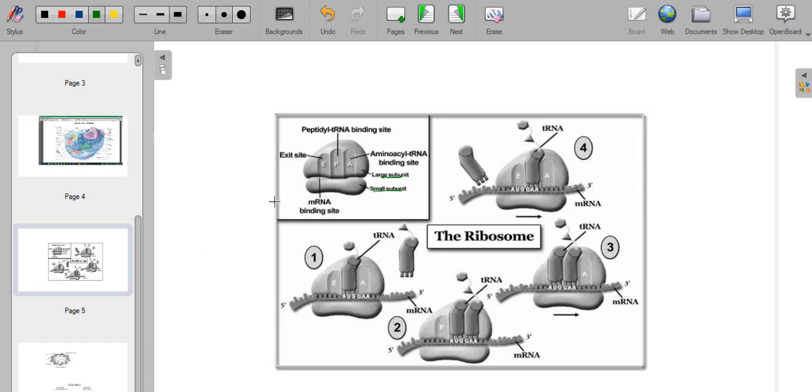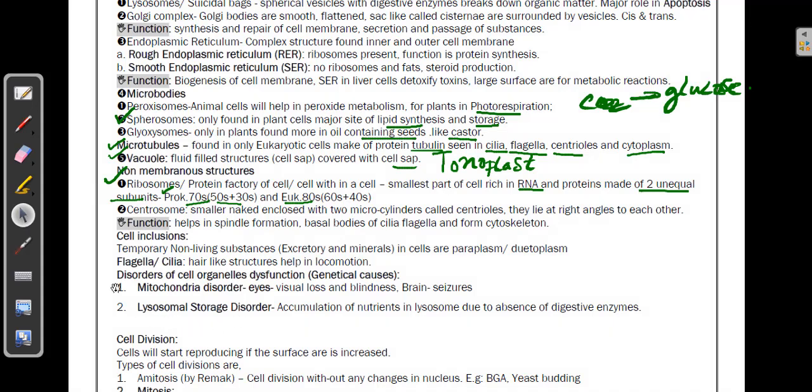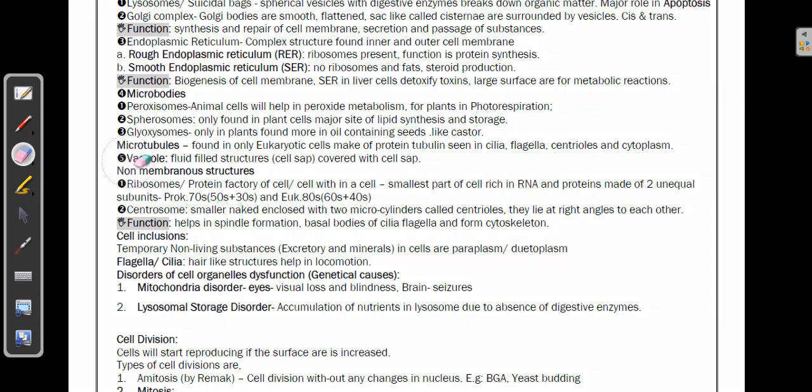Alright, let us go back to the next part, and you can see the centrosome. I think I already elaborated a bit here. So the centrosome consists of two microcylinders that are present at right angles.